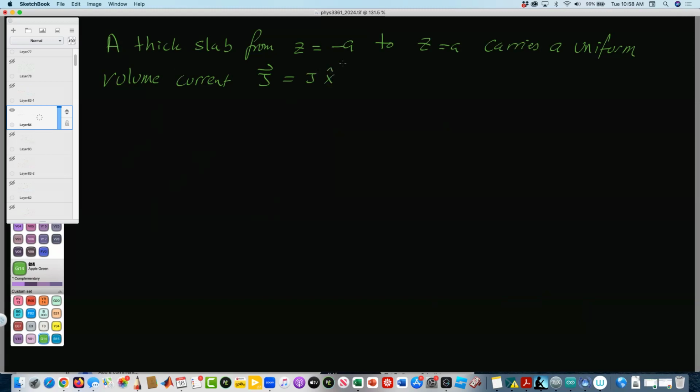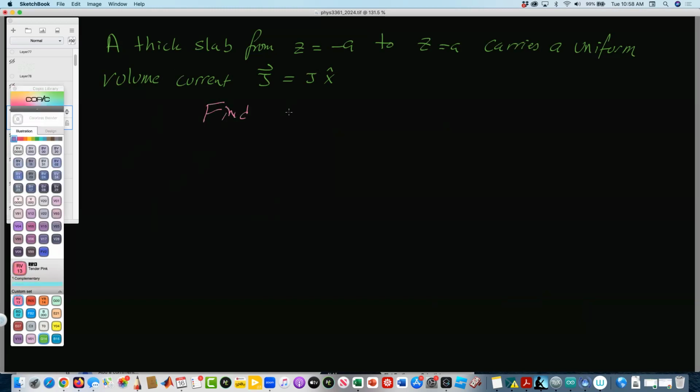And we want to find the magnetic field as a function of z, inside and outside the slab.